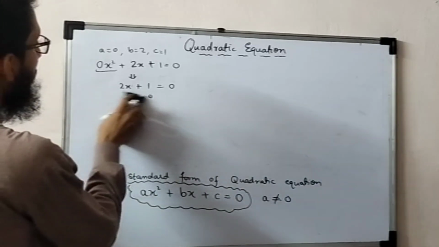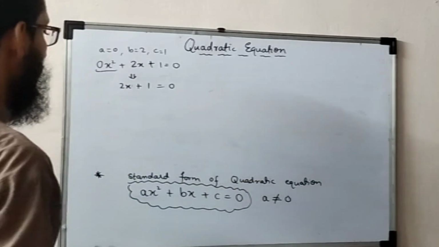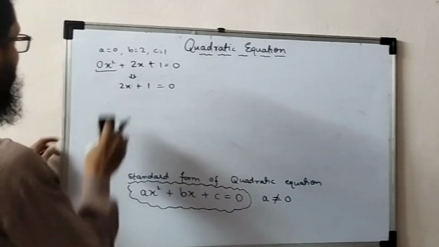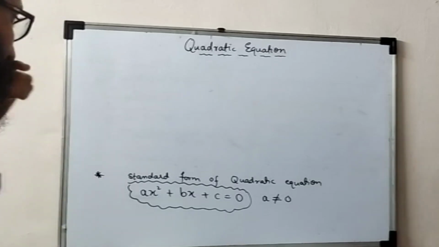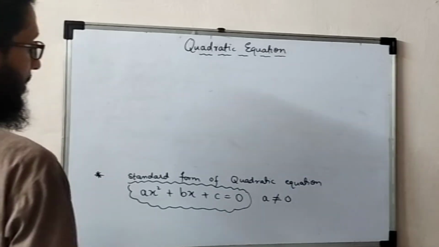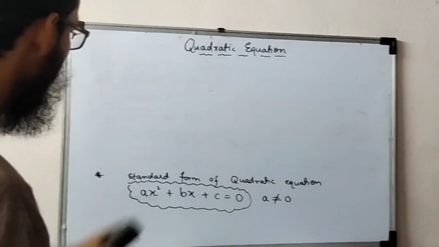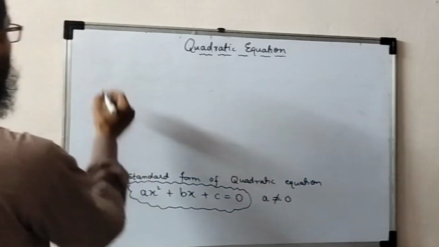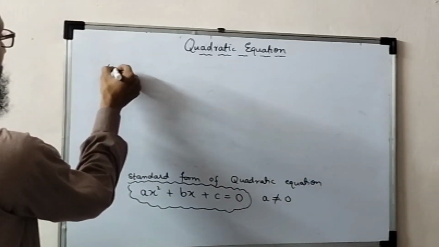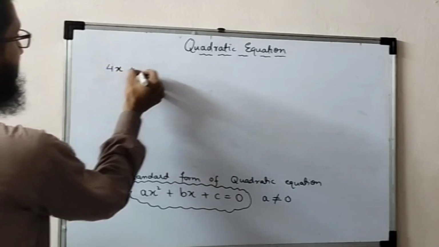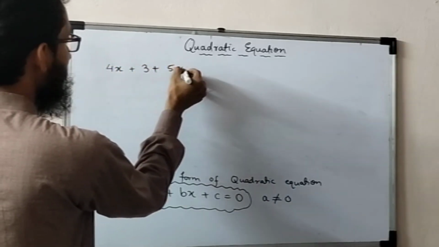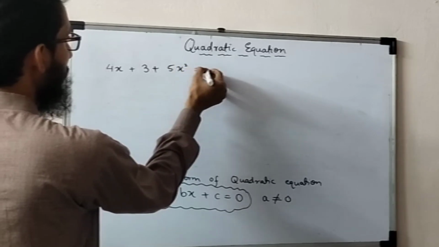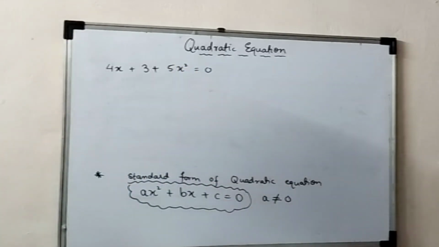Understood? Okay. And second thing, a should not be taken as 0. Now second example, 4x plus 3 plus 5x square is equal to 0. Okay.